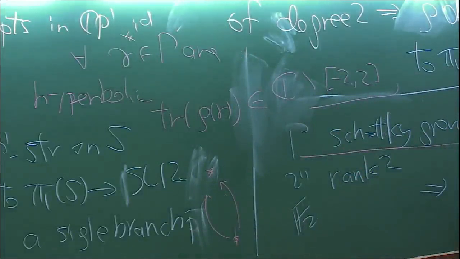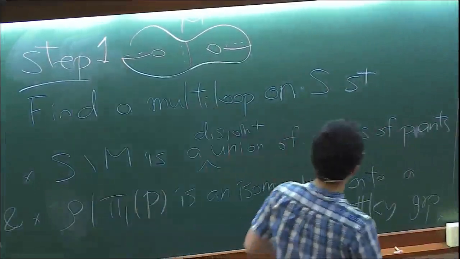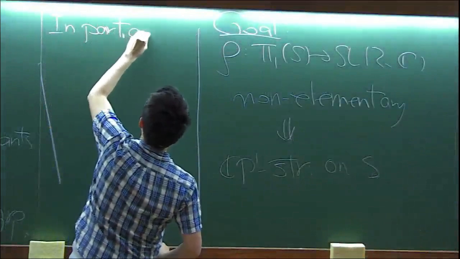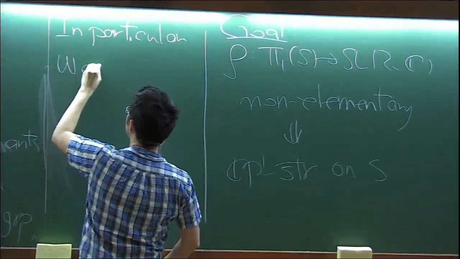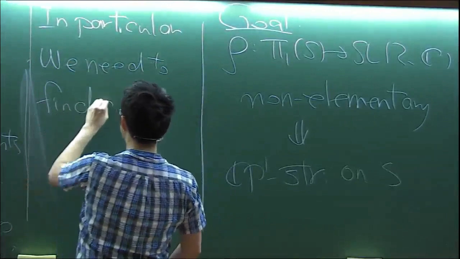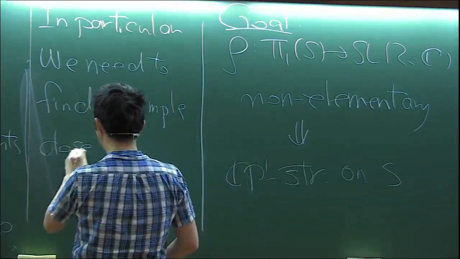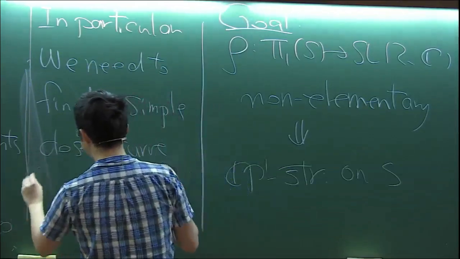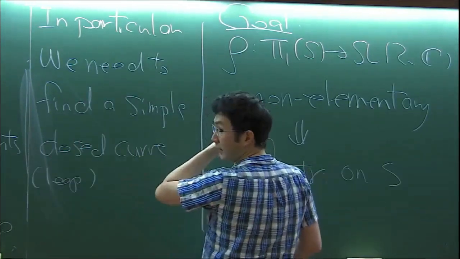So what this means, in particular, for this first step, step 1, we need to find a simple closed curve, or maybe just let me call it a loop. And all loops are essential in this talk.